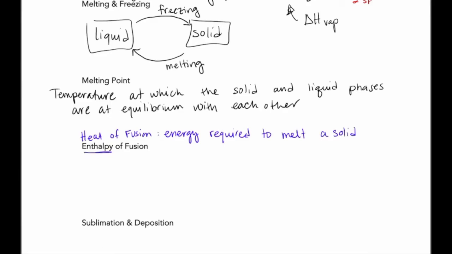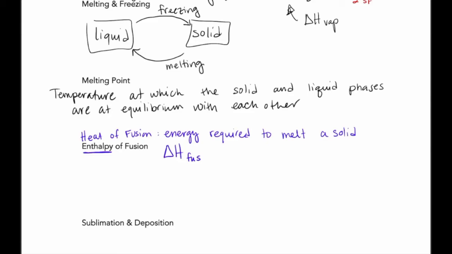Enthalpy is another word for like heat or energy. So heat of fusion is going to be the energy required to melt a solid. Okay, melting a solid, and we label that delta H fusion or FUS.